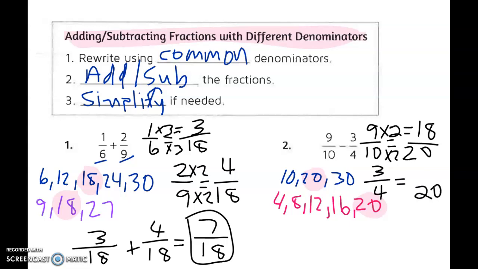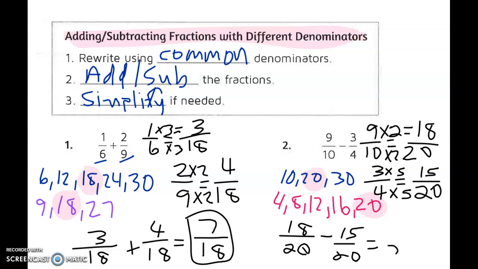We know that from 4 to 20 we multiplied by 5. So we multiply this by 5 and we get 15. So now we'll have 18/20 minus 15/20. The denominators will just stay the same. It'll be a 20. And then we just subtract: 18 minus 15 is, of course, 3. And on this one as well, we do not have to simplify because it's in simplest form.